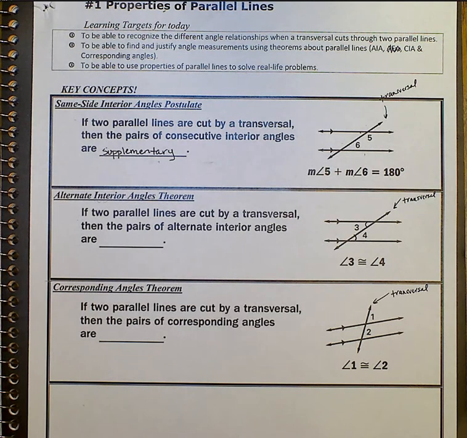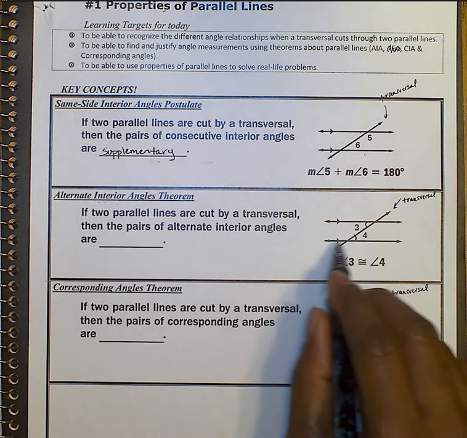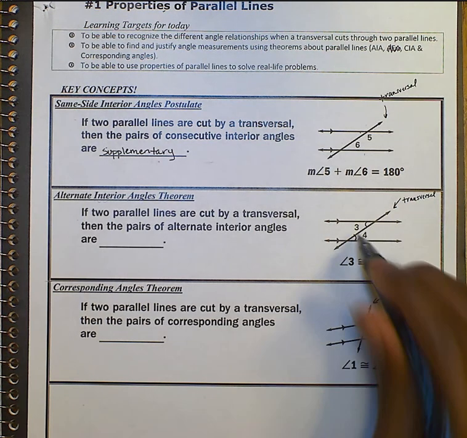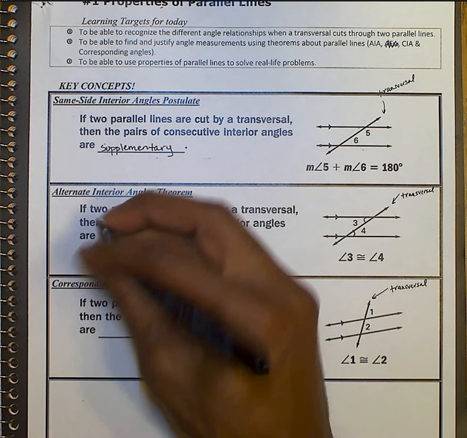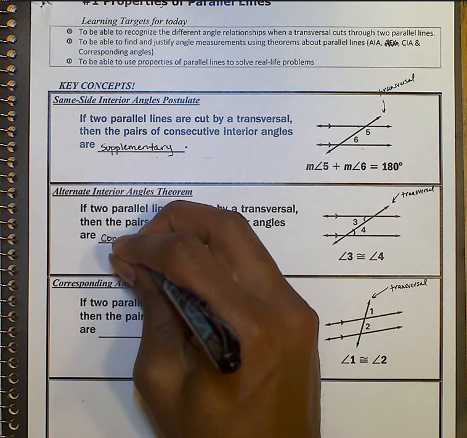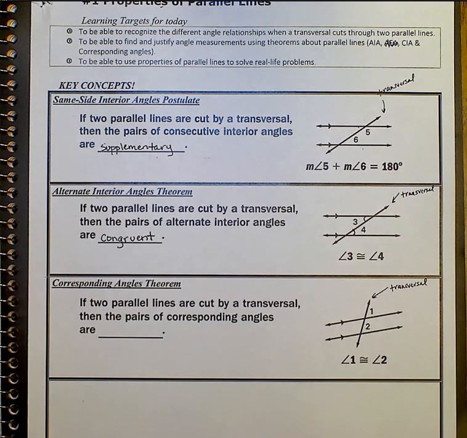The theorem goes: if two parallel lines are cut by a transversal, then the pair of alternate interior angles, angle 3 and angle 4, are congruent.